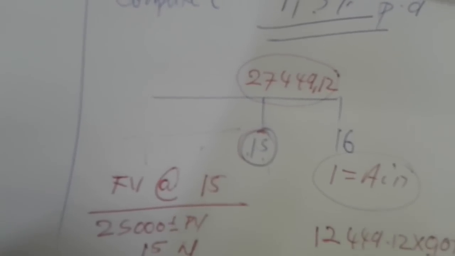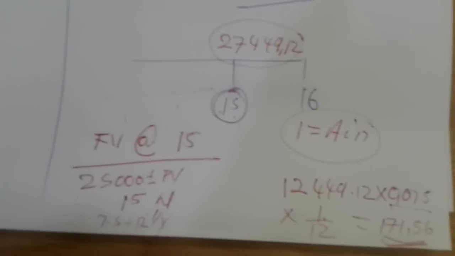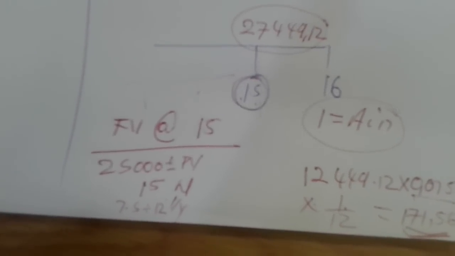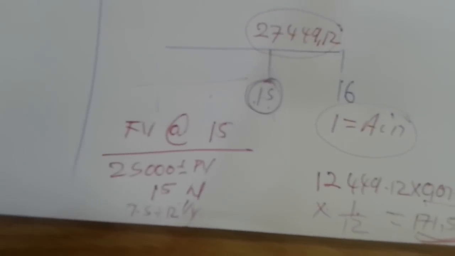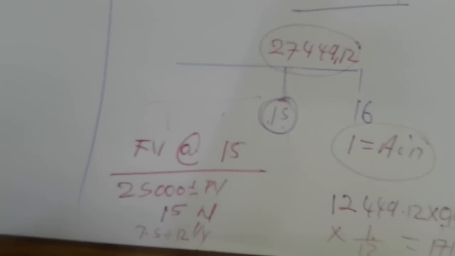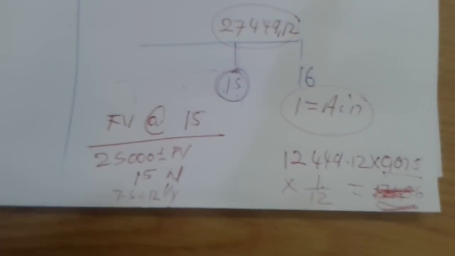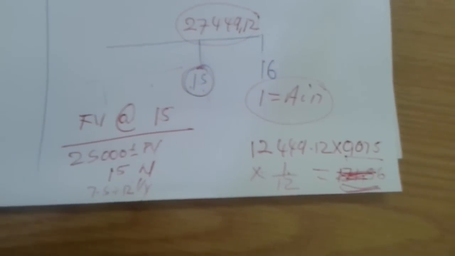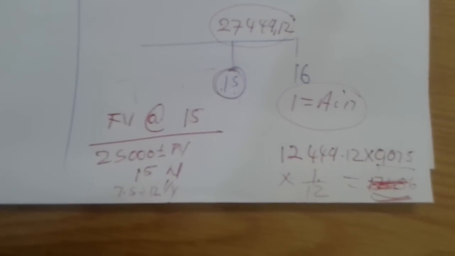171.56. Okay, I think sorry, my answer I think is wrong. 449.12 multiplied by 0.075 multiplied by 1 divided by 12.